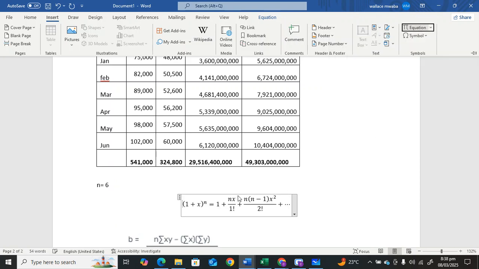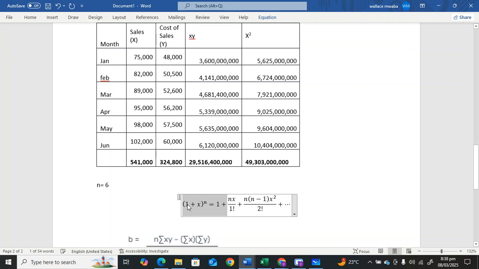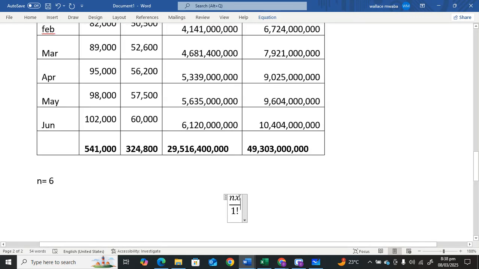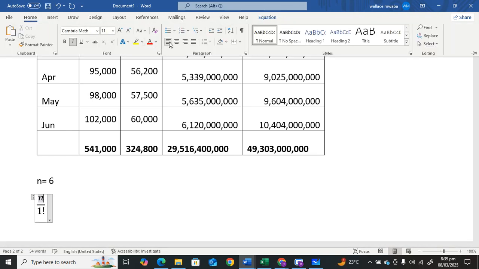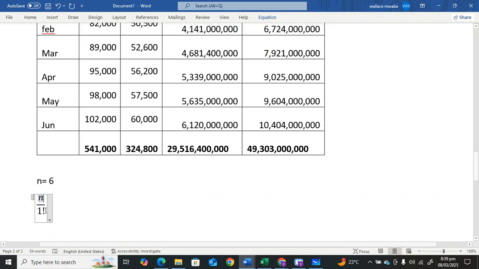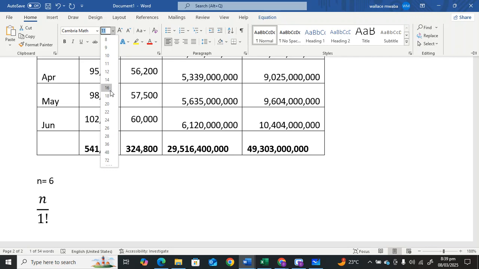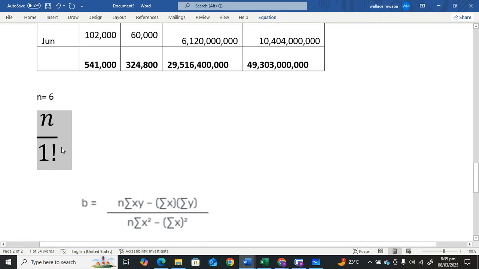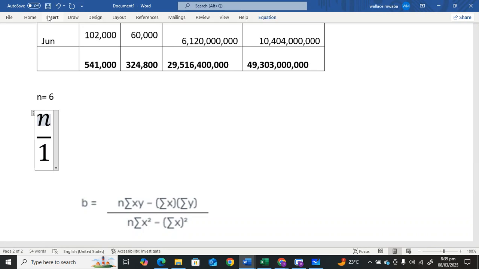Okay, let's see where I can get a fraction from. I'll get a fraction from here. Okay, so n, summation.